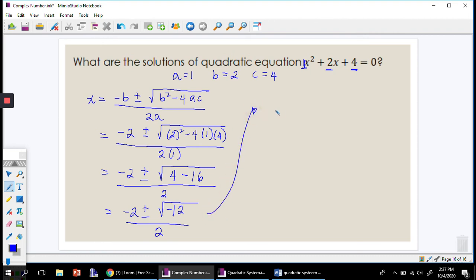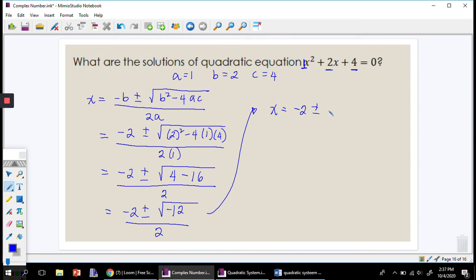Okay, so x is equal to -2 plus minus. Now, as you will notice, you don't have a square root for 12. Okay, but we can factor 12 in such a way that one of the factors should be a perfect square.